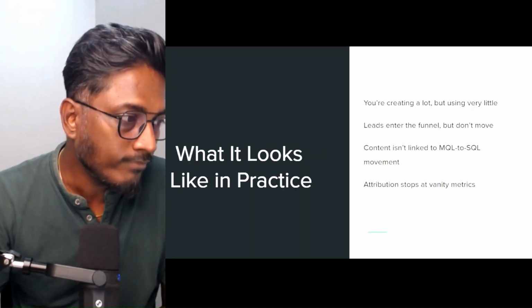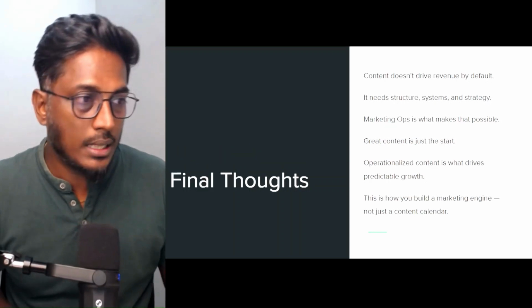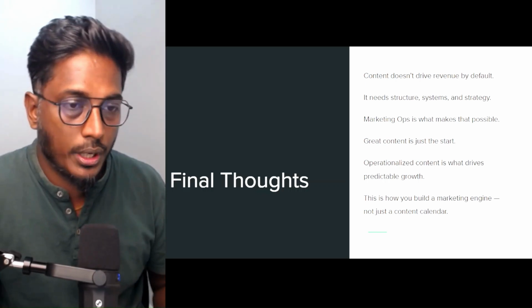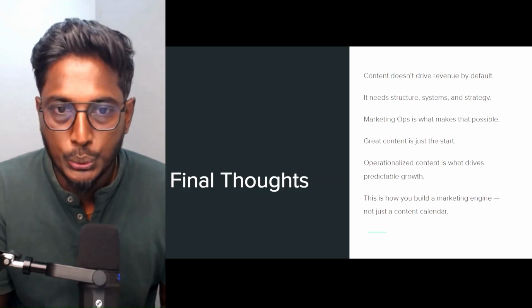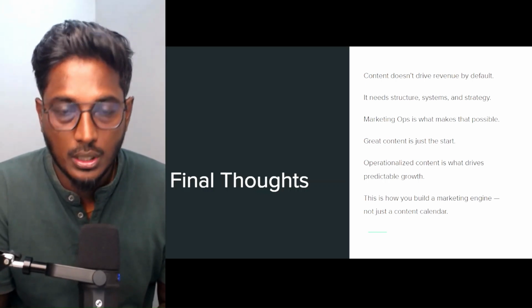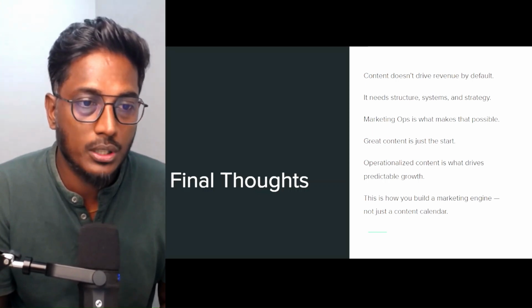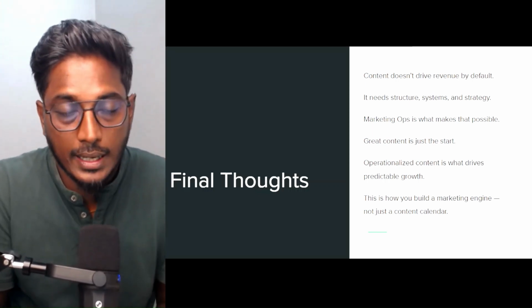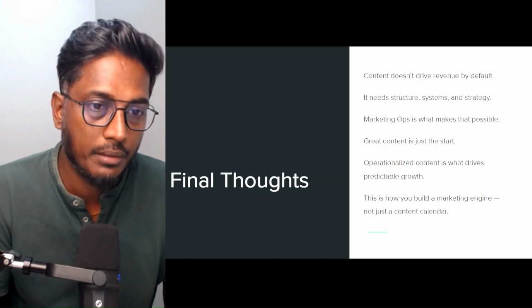So, final thoughts: content alone doesn't drive growth on its own. It only becomes powerful when it's connected to the context of why we are doing it. And that connection doesn't just happen by publishing more. It happens by designing with intent.